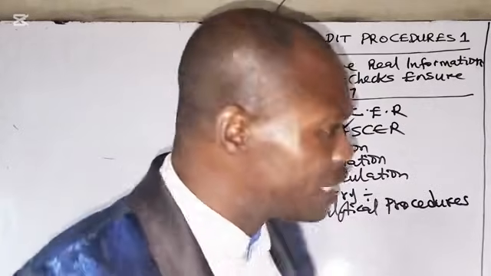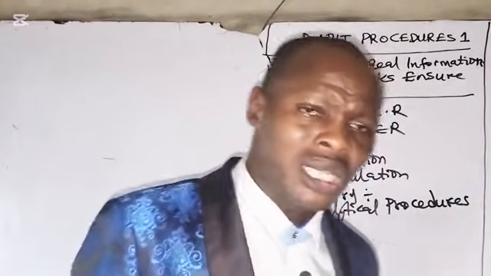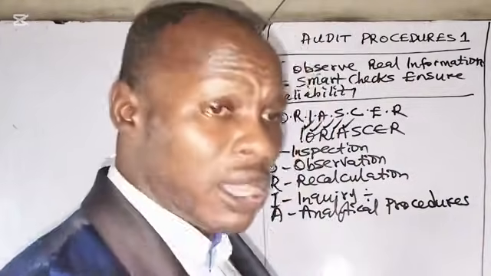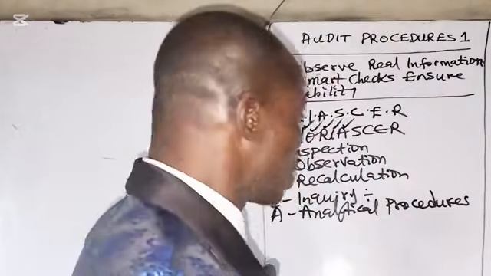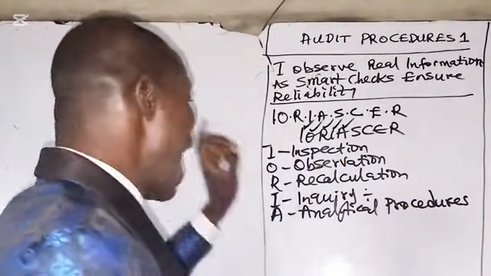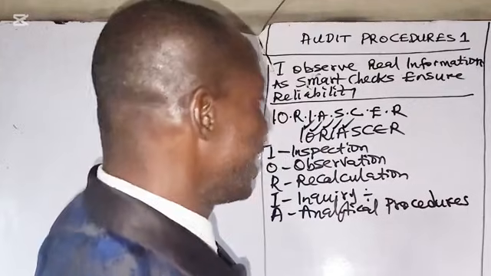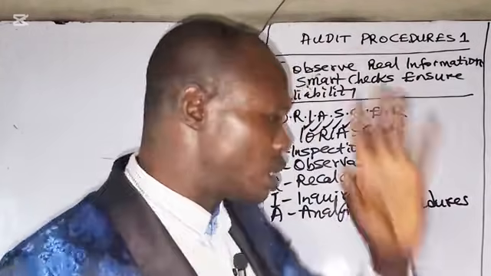If sales double, then expenses are supposed to increase, even if not proportionately. That raises a question, a suspicion that something is fishy. That is analytical procedures: you compare numbers, ratios, and trends.